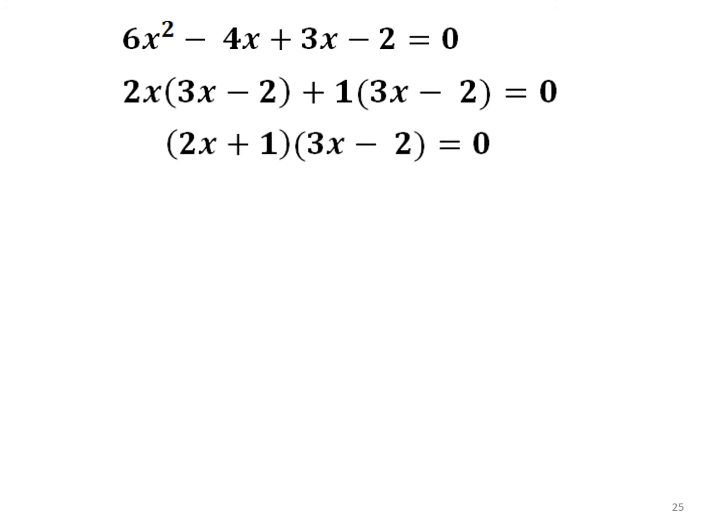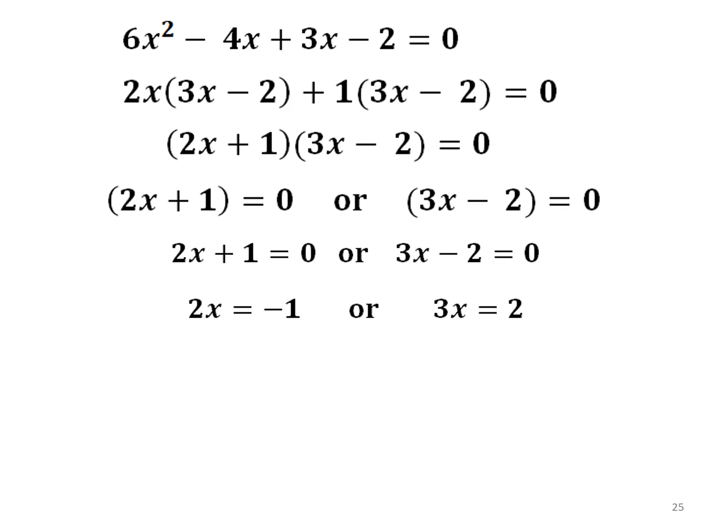So we get (2x + 1)(3x − 2) = 0. 2x + 1 = 0, or 3x − 2 = 0. 2x + 1 = 0, so we get 2x = −1. 3x − 2 = 0, so we get 3x = 2.